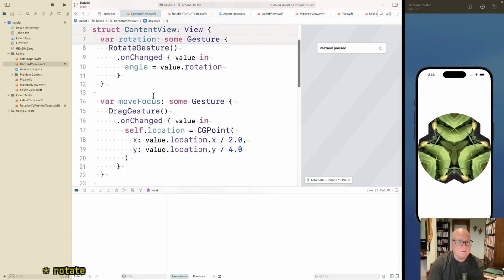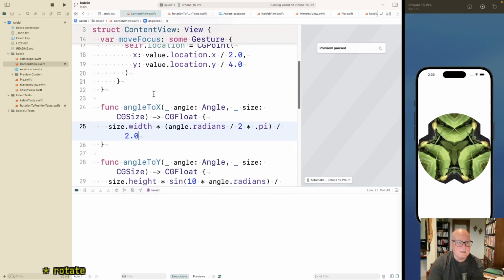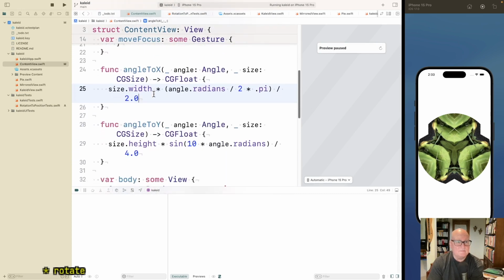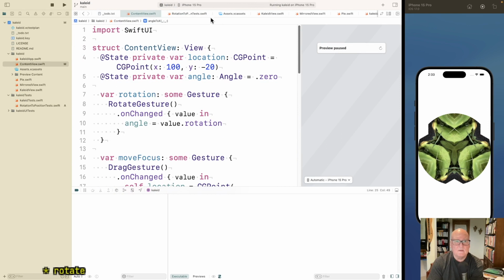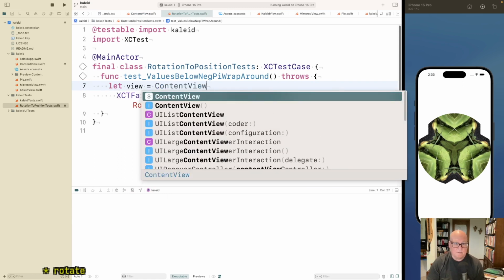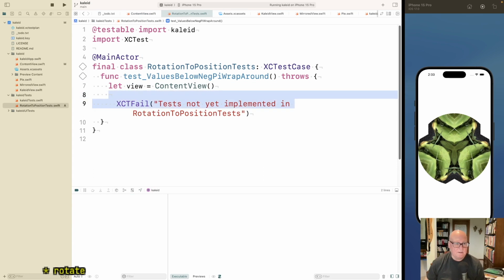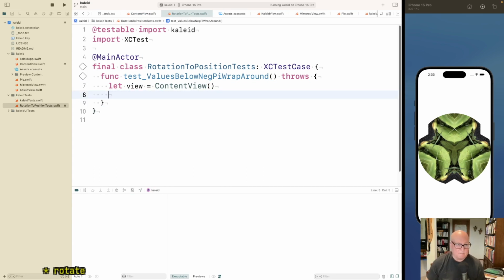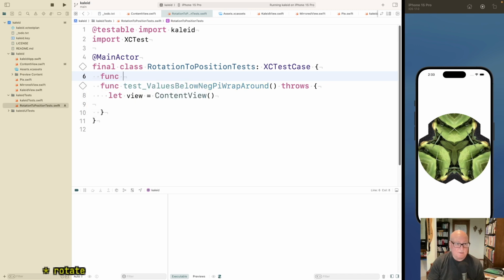Okay, so do I need to extract this out? Boy. Well, for now, let view equal content view. And then actually I'm going to test something simpler.